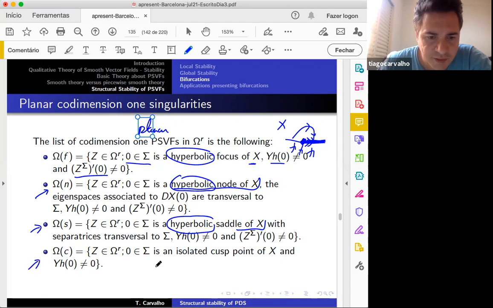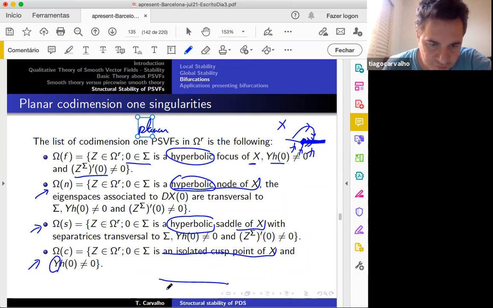This one is a typical singularity of a piecewise smooth vector field, such that the x vector field has an isolated cusp, and the y vector field is transversal. So the y vector field is transversal, and now the x vector field, this is not an equilibrium. The x vector field, I will draw like a segment.